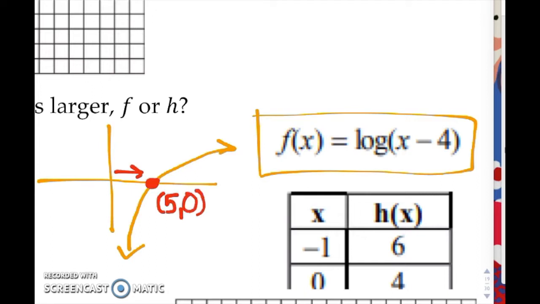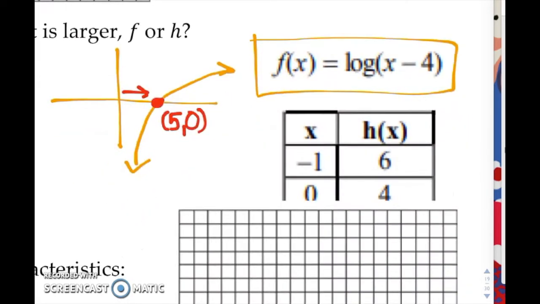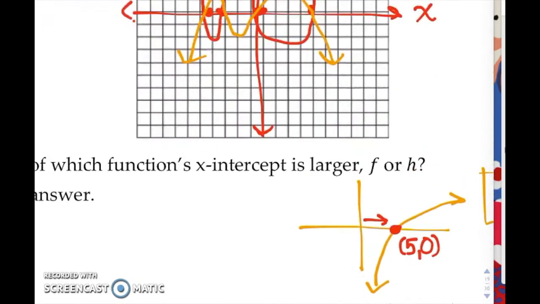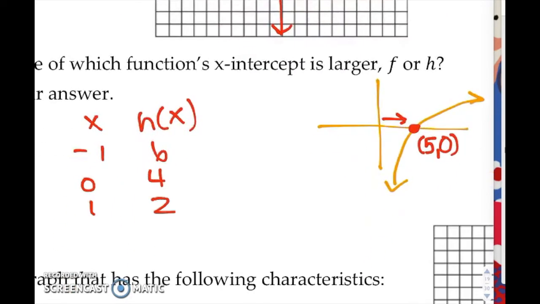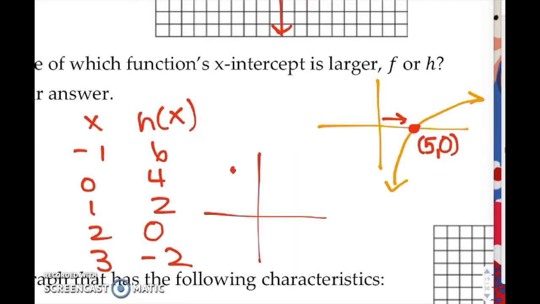Now you could find that from the table, or you could find that from looking at the graph and doing second calc 0, right? Now this one got cut off, but I'm going to recopy this table. So x and h of x should be -1, 6; 0, 4; 1, 2; 2, 0; and 3, -2. If we think about this graph, you could sketch it if it helps. -1, 6 and 0, 4, that's a y-intercept.